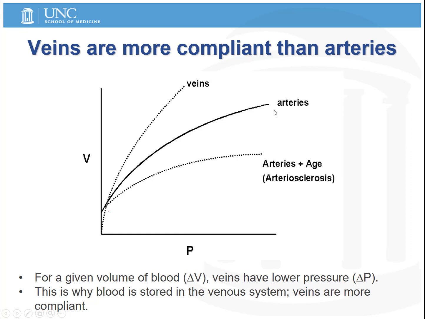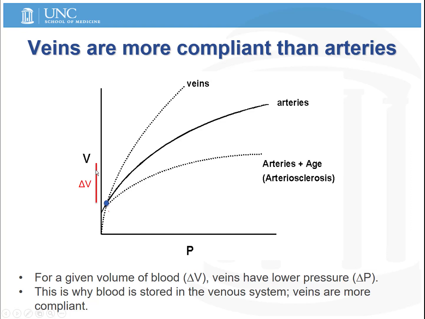And that difference is shown on this graph of pressure versus volume. So the compliance of the veins is this dotted upper line, and the compliance of the arteries is this solid line. And we'll first mark this starting point of pressure and volume here in blue. And that starting point, there's the same pressure and volume in both the arteries and in the veins.